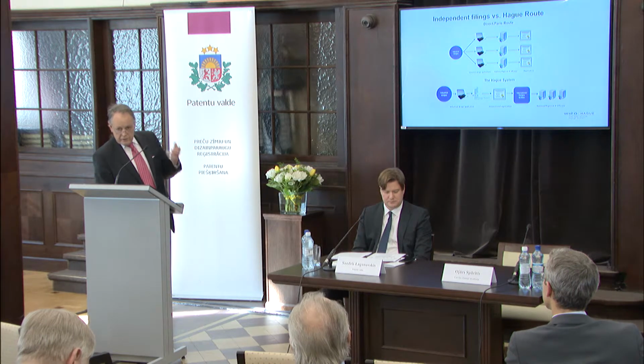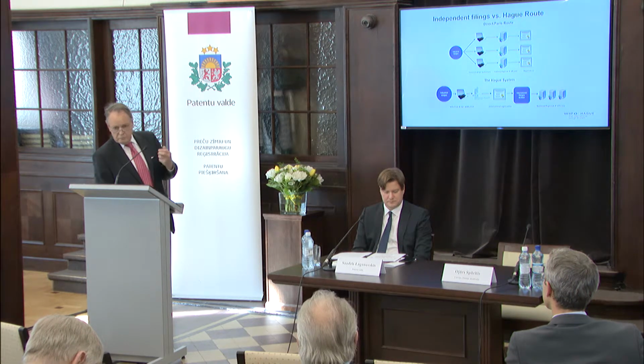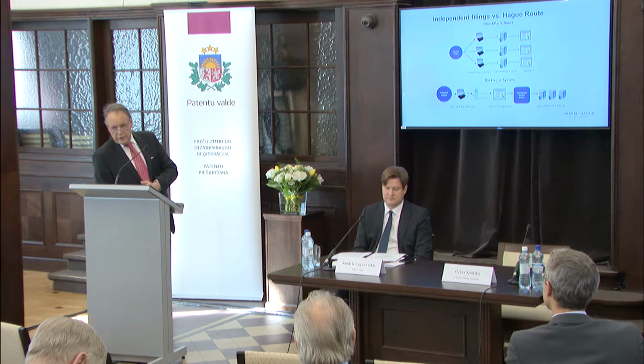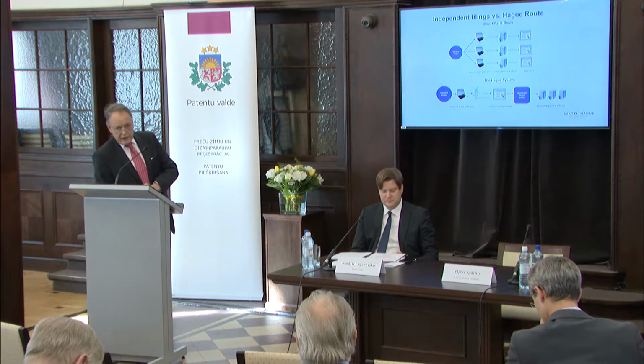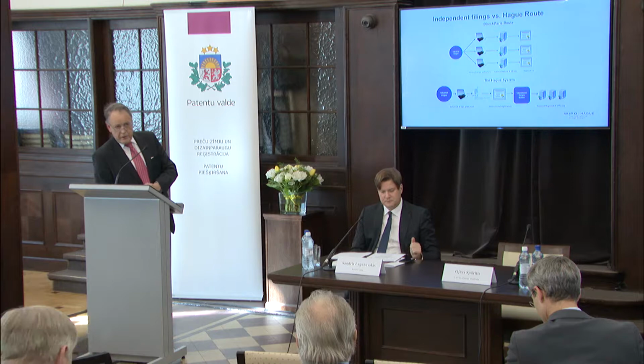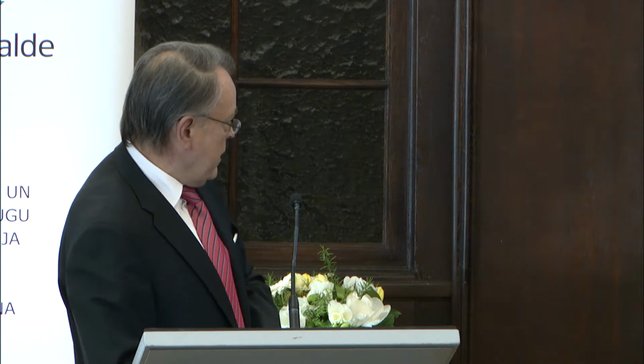In each country, the applicant must have a patent attorney or agent. In each country, the application must be filed in the national language. In each country, the applicant must have a certain amount of national currency to pay the fees. And as a result, the applicant will receive many, many documents of registration.